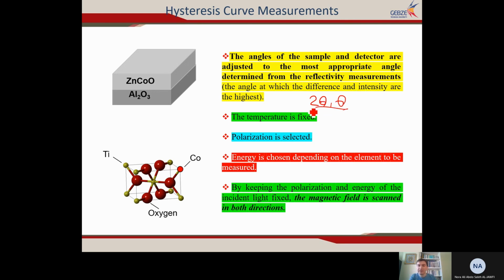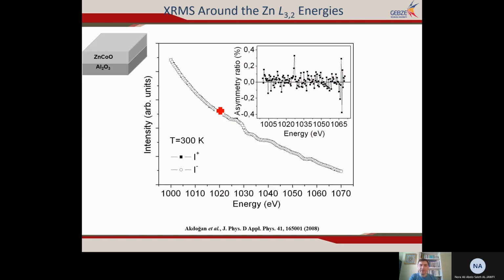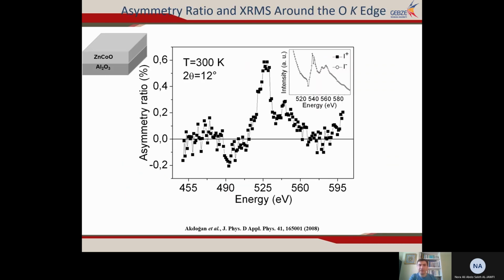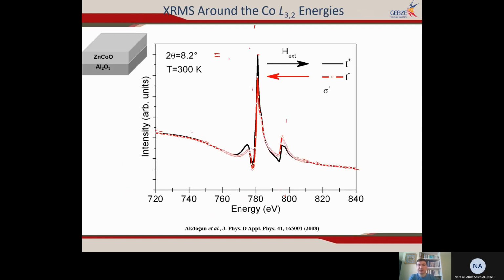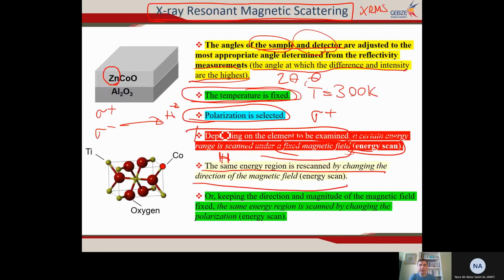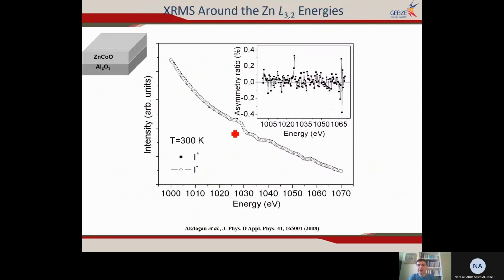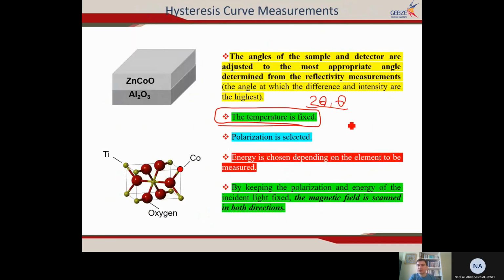How do we select these angles? These angles are determined within the X-ray magnetic reflectivity experiment. And then set the temperature, okay, room temperature or higher or lower temperatures, but during the measurements, the temperature must be fixed. Polarization is selected.